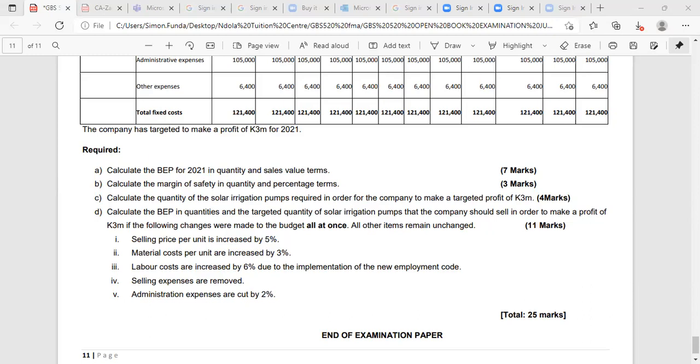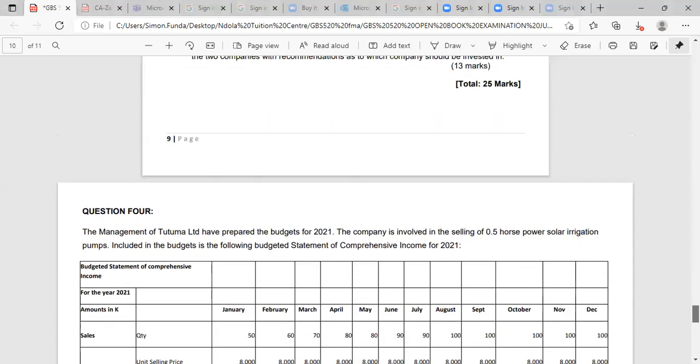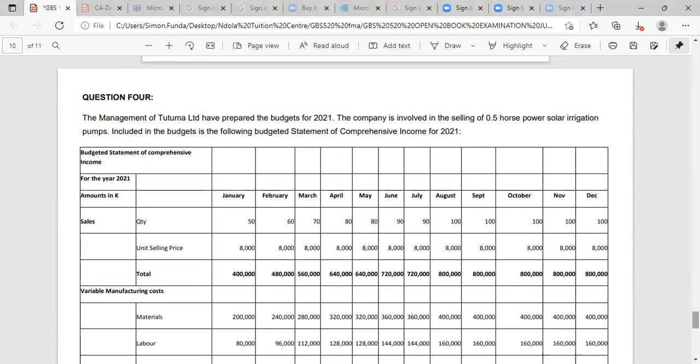So we can go now to the question. We go through the question. Okay, so the question reads, the management of Tutuma Limited have prepared the budgets for 2021.